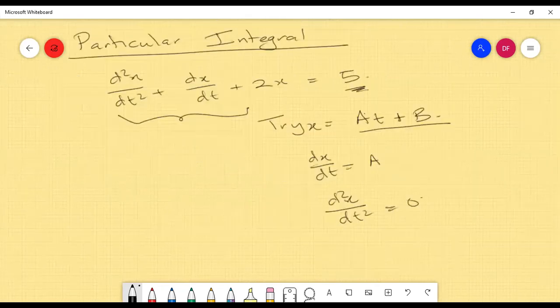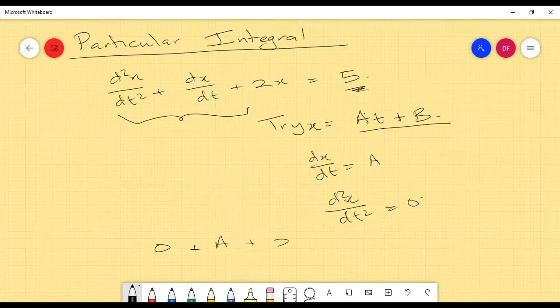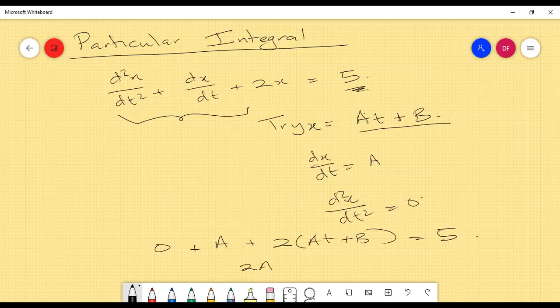So I'm going to get 0 plus a plus 2at plus b is equal to 5. So this is going to be 2at plus a plus 2b equal 5.